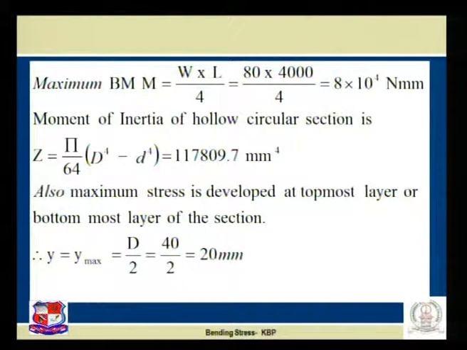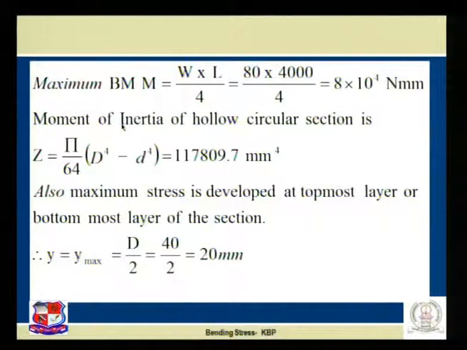So maximum bending moment M is equal to WL by 4. By putting the values, 80 Newton multiplied by L of 4000 millimeter divided by 4, we got the value of moment in terms of Newton mm.